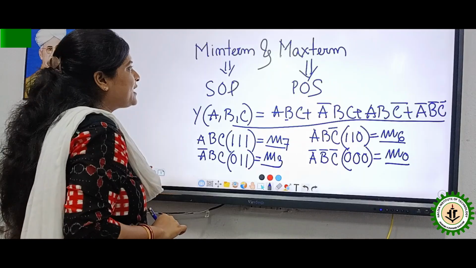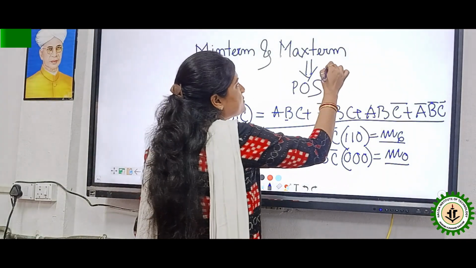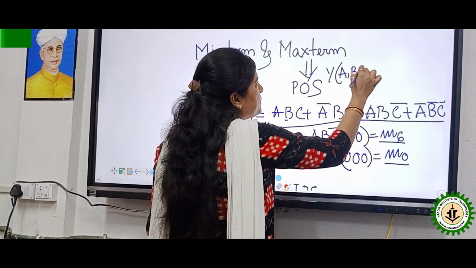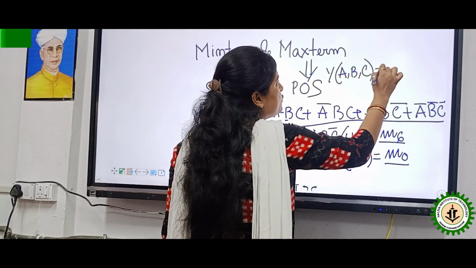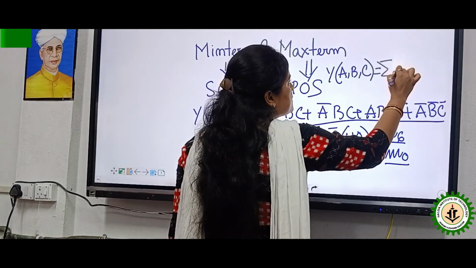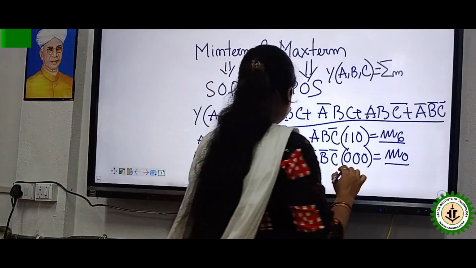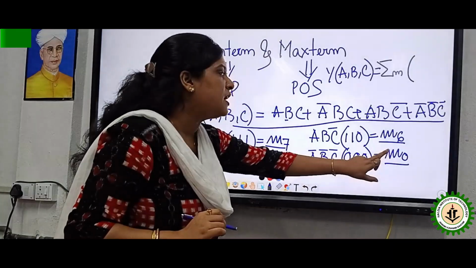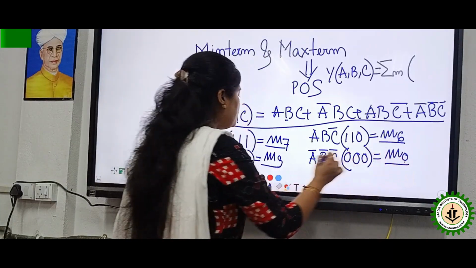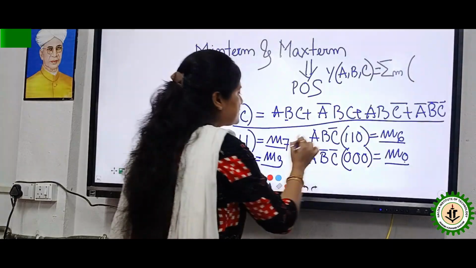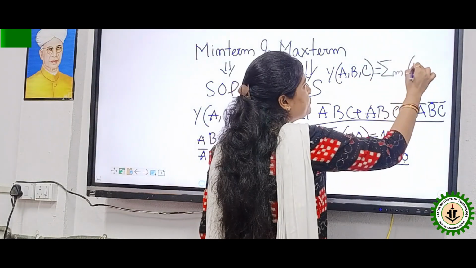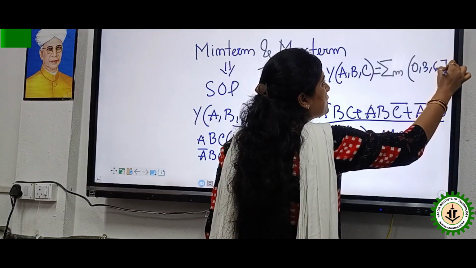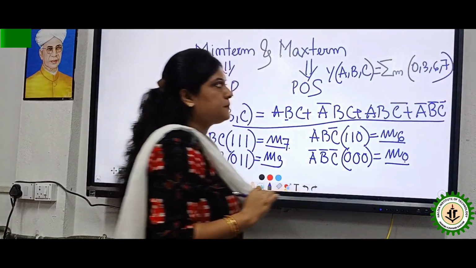So in short we can write it as y function of a comma b comma c is equal to summation small m. What are the min terms we have found? That is 0, 3, 6, 7. We have to write it in this way.